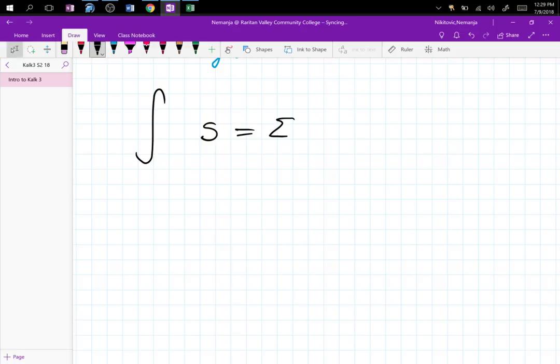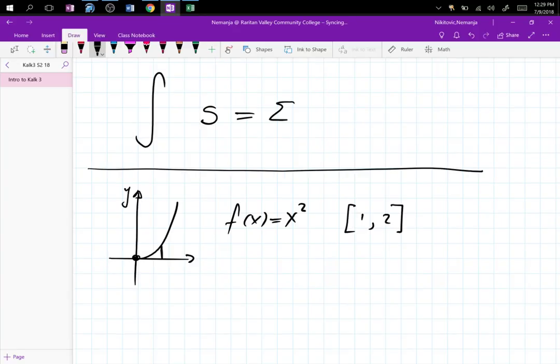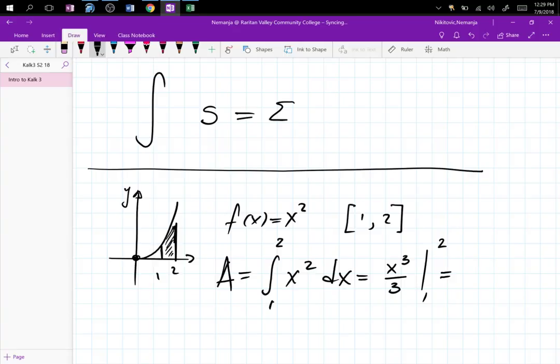So now, if you want to compute the area under the curve for x squared from 1 to 2, you will simply write the integral from 1 to 2 of x squared dx, which is x cubed over 3 from 1 to 2, which is 8/3 minus 1/3, and gets you 7/3, I hope, or whatever.